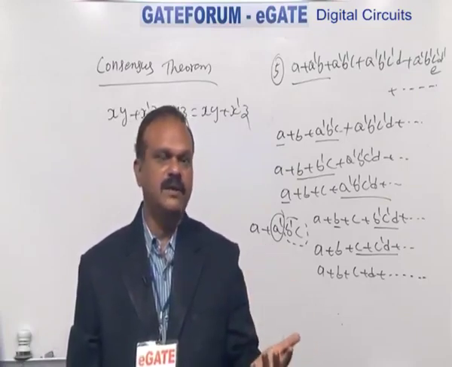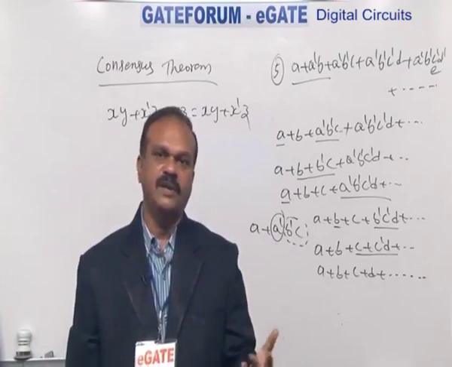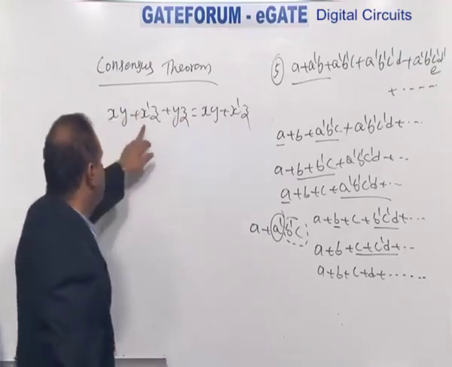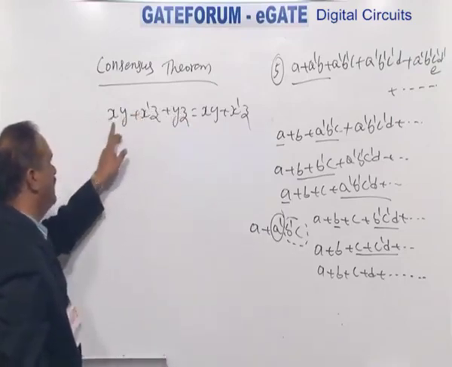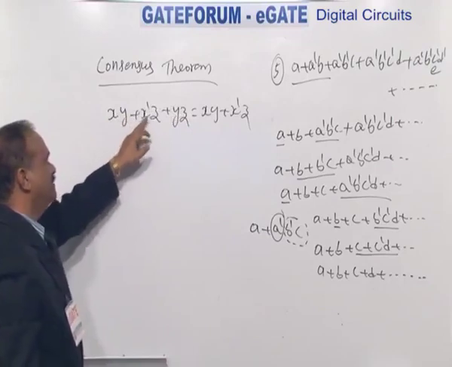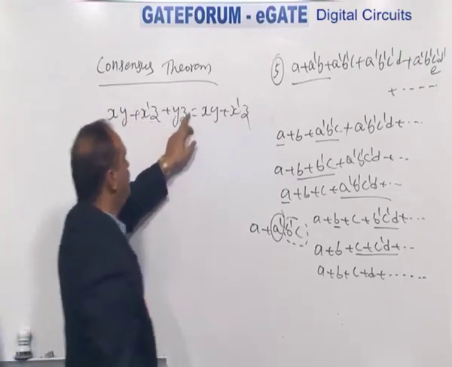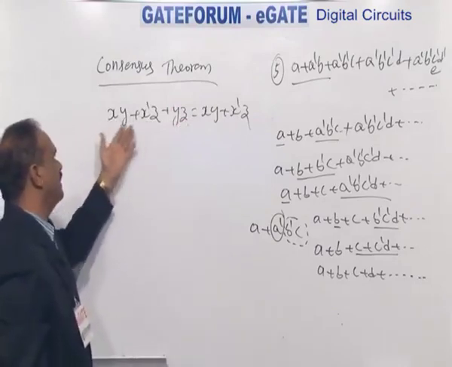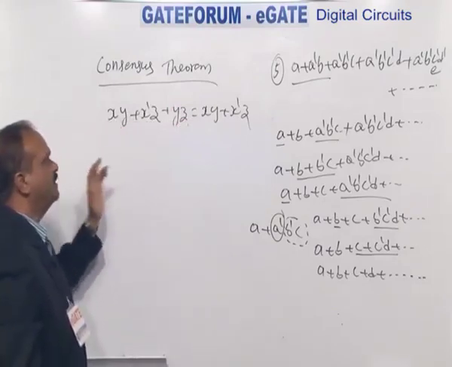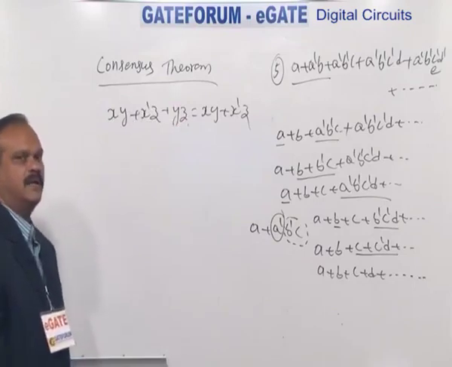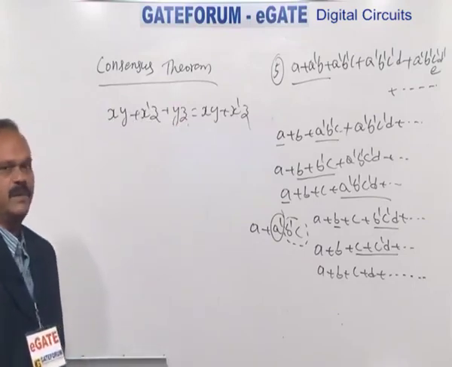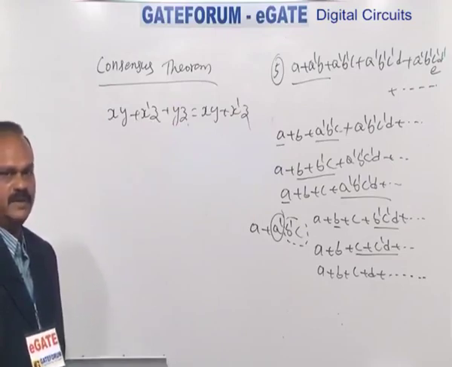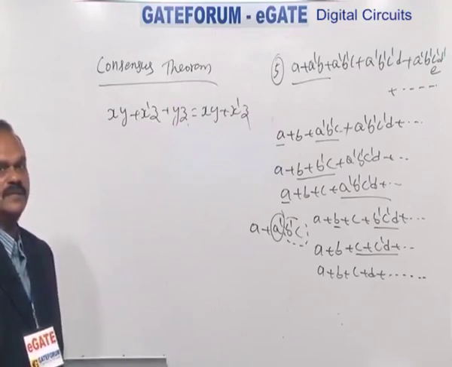Then you observe the multiplication factors: for x it is y, for x bar it is z. So there is a product term yz coming from those factors. Then that product term yz can be eliminated and we can write xy plus x bar z. This is called the consensus theorem.